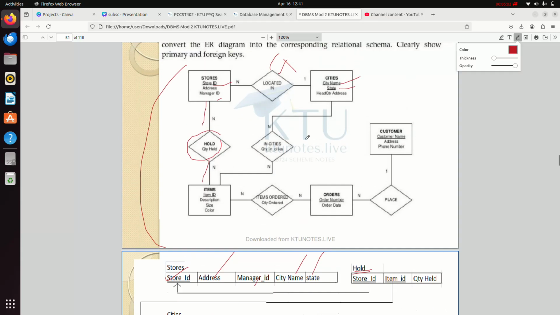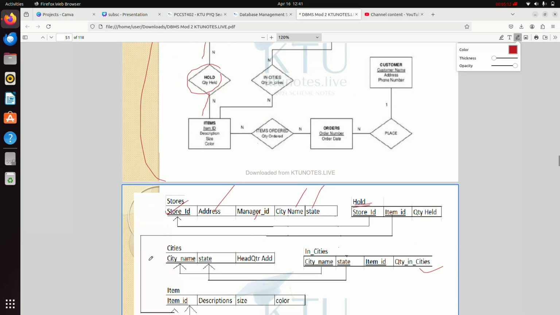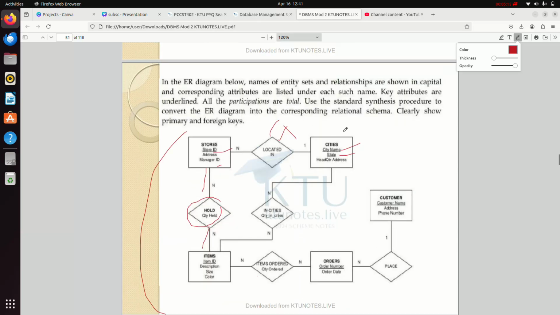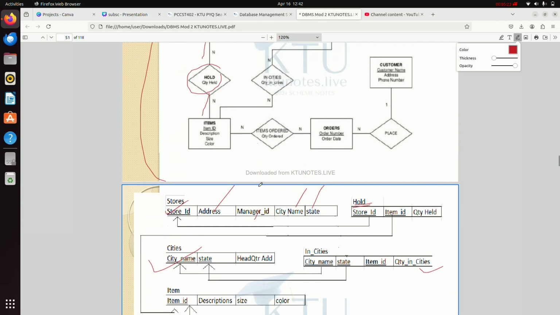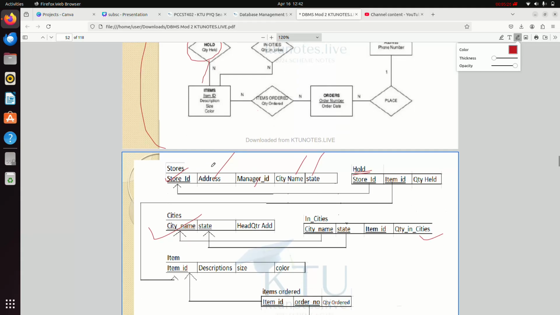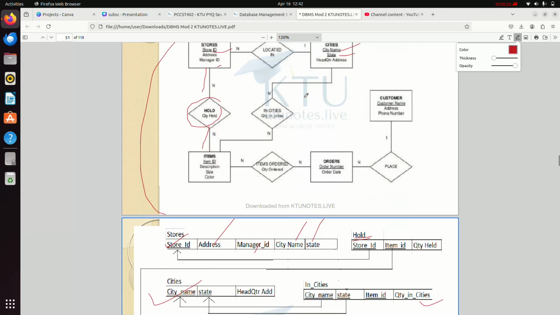Fine. Now cities you can write as city name, state, headquarters, address. That is all you have to write in city, because you don't have the relationship inside it. Items also you can write item ID, description, size, color, right, because it's a many to many relationship.